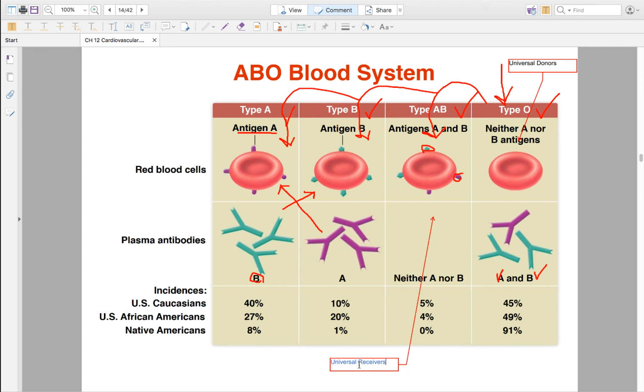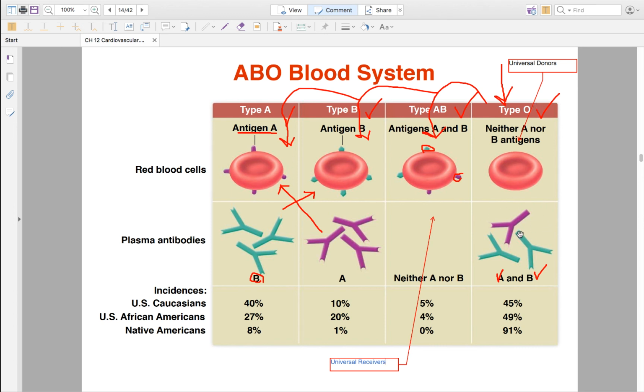All right, everybody else, on the other hand, these guys can only get B. These guys can only get A. I'm sorry, these guys can get A and O, B and O. These guys can get all blood types, and these guys can only get O, or their body will go into this full-on attack mode.